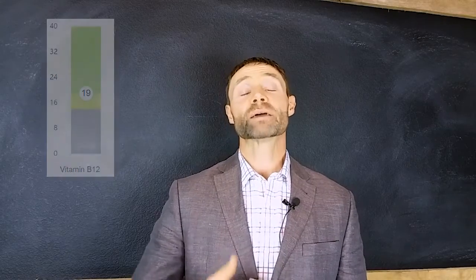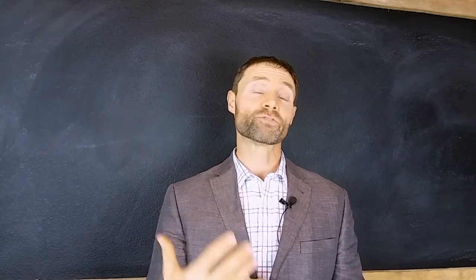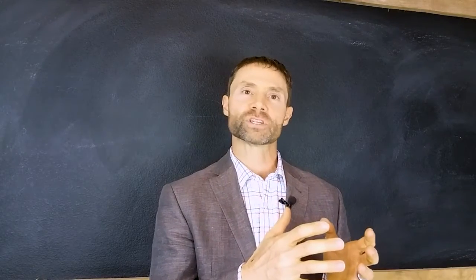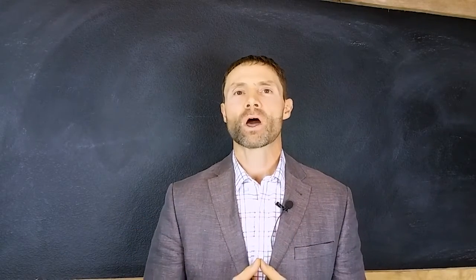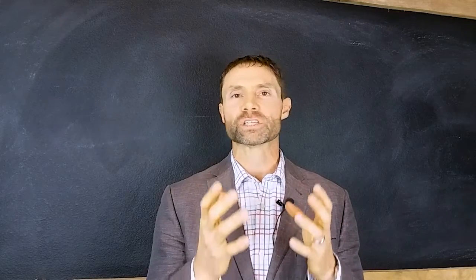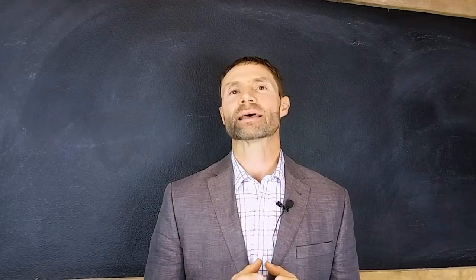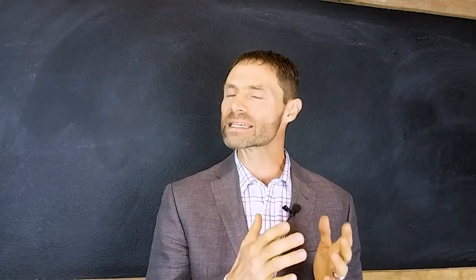And you'll understand more as we go into additional videos in this series that when it comes to functional deficiencies and borderline deficiencies, and even some of these that are trending towards an insufficient status, ultimately the goal of what we're trying to do is look at these nutrients collectively and see what nutrient deficiency patterns we can isolate, because this is ultimately going to allow us to know what systems to put the most attention towards.